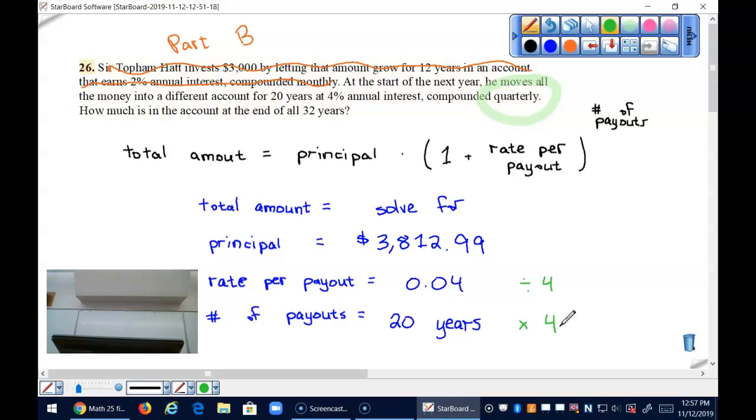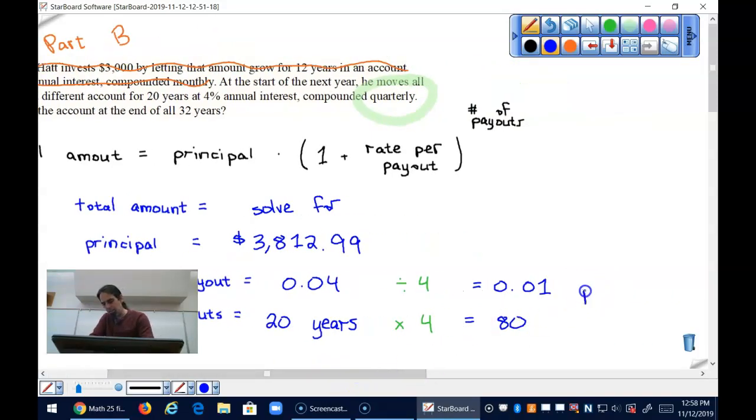June, paycheck happens. September, paycheck happens. December, paycheck happens. And each year he just gets 4 of those. Everything is quarters. We're happy. Questions so far?